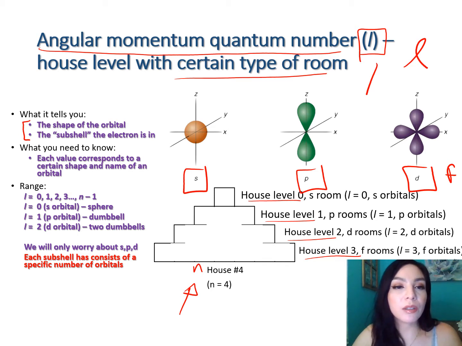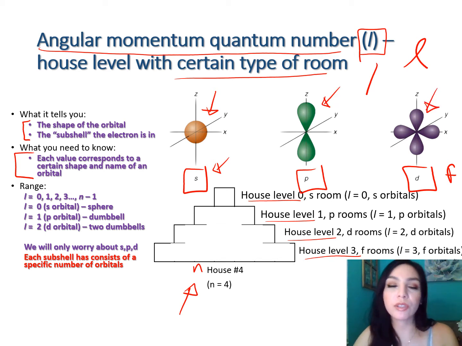Now what you need to know is that each of these shapes has a certain value that corresponds to it. Each value corresponds to a certain shape and name of the orbital, right? So this has a sphere shape, this has a dumbbell shape, this is like 2 dumbbells, and then the f are just more complicated. So that's what you need to know. There's a certain value, it has a shape and a name.